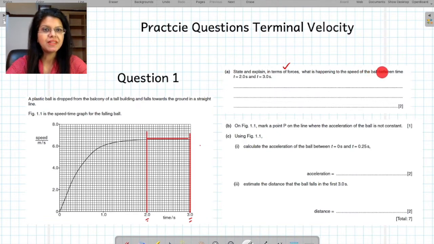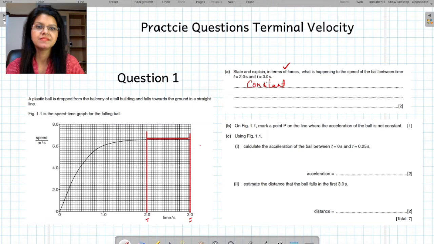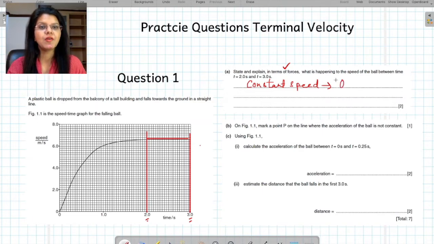So what is happening to the speed of the ball between these 2 points? What do you say? The ball is maintaining a constant speed. Constant speed means you are not accelerating, decelerating, nothing is happening, zero acceleration.